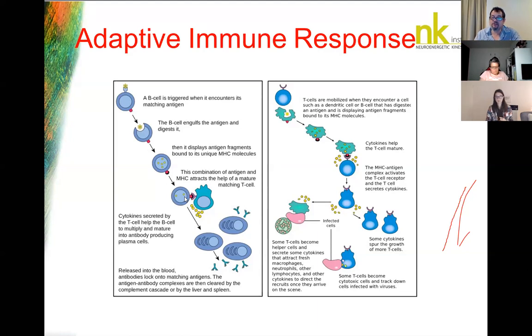And this is, once this happens, you get all these B plasma cells that release free immunoglobulin or antibody. And these are specific for the pathogen.